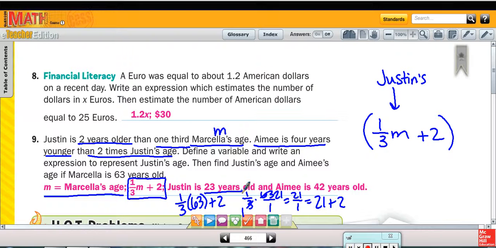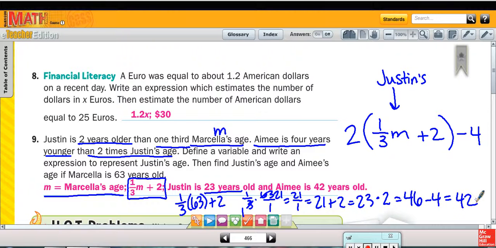But then it says Amy is 4 years younger than 2 times Justin's age. Well, if Justin is 23, 2 times Justin's age would be 46, minus 4, because she's 4 years younger, would give us 42.